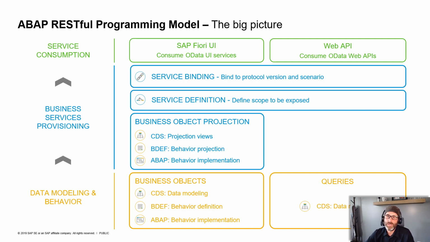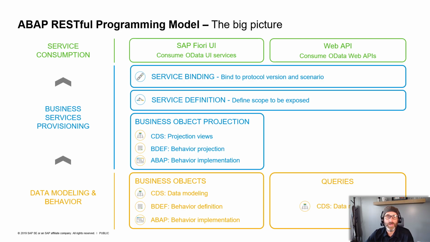And then in the next layer is the business services layer, where we define our projection or our consumption views over the monolithic data model underneath. For example, if we wanted to filter various columns or behaviors from the underlying data model there.